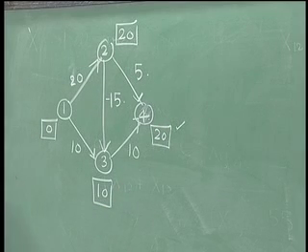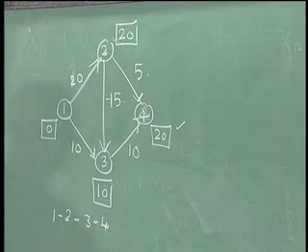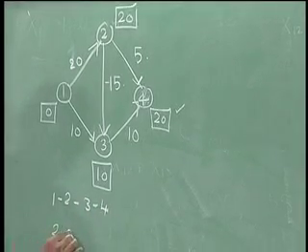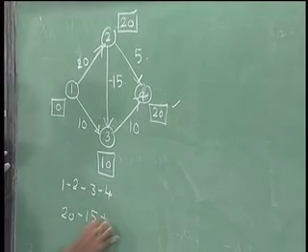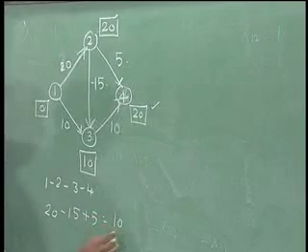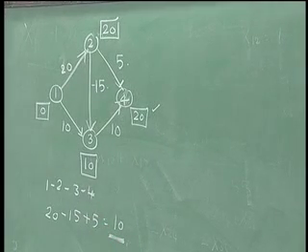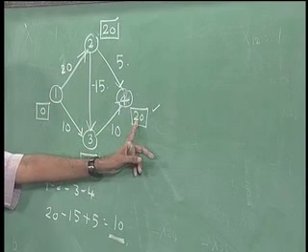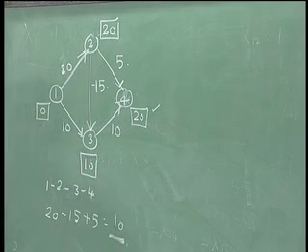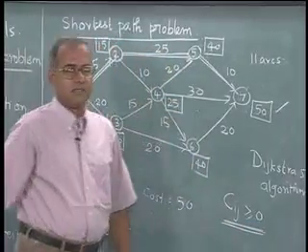Whereas we know that if we take the path 1 to 2, 2 to 3, 3 to 4, the distance is 20 minus 15 plus 5, which is actually 10 and not 20. The reason we did not get the correct answer here is because we violated one of the assumptions, that Cij has to be greater than or equal to 0.